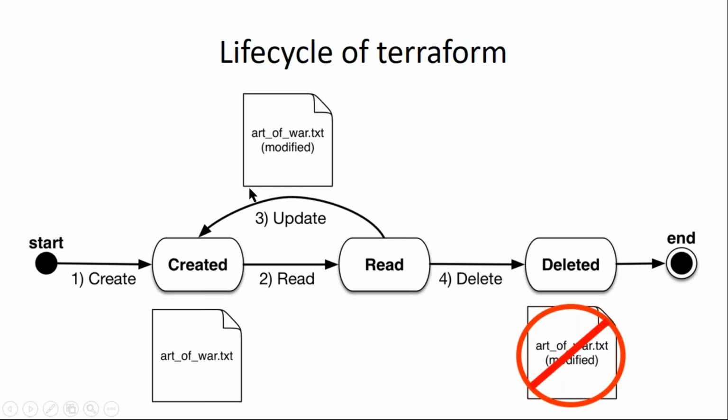After read, it updates with the values you have in the text file. You can modify or change anything, and that will create again. If you want to delete any resource, you can delete. So this is the simple Terraform resource lifecycle: create, read, update, delete. That's all about Terraform resources.